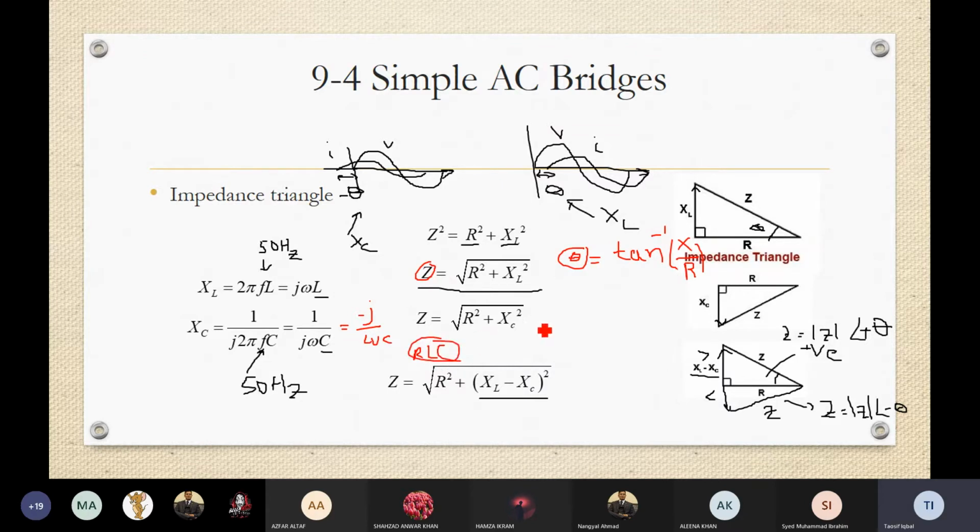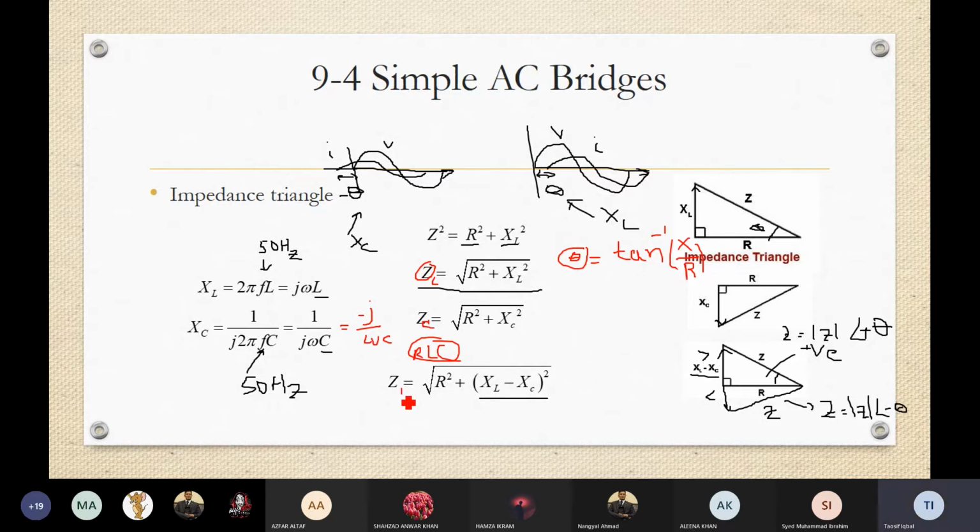In case of just inductive load or capacitive load, they are going to be like this.